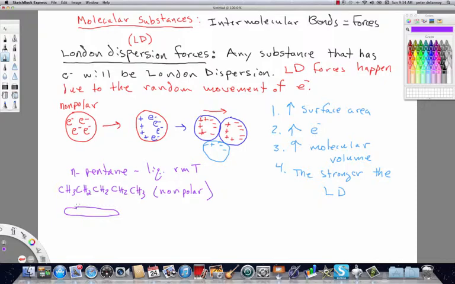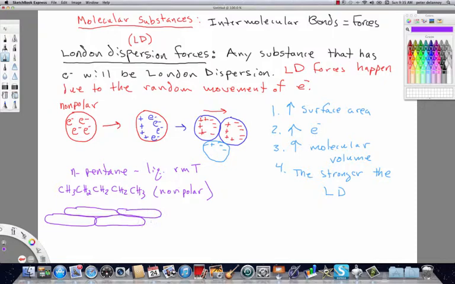Remember back to the initial video where I talked about what defines the strength of an intermolecular bond. Structure plays a role in that. For N-pentane, since the molecules are essentially like long cigars, the end effect is that the packing of the molecules is very efficient, because they can pack like this.